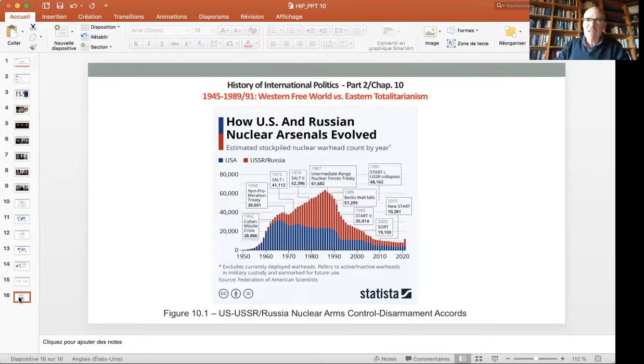And this declaration adopted 10 principles. Therefore, it's called the Decalogue. The main principles are the following ones: sovereign equality, no use of force, inviolability of frontiers, territorial integrity of states, peaceful settlement of disputes, non-intervention in domestic affairs, cooperation among states, and last but not least, that is the point I would like you to remember, respect for human rights.